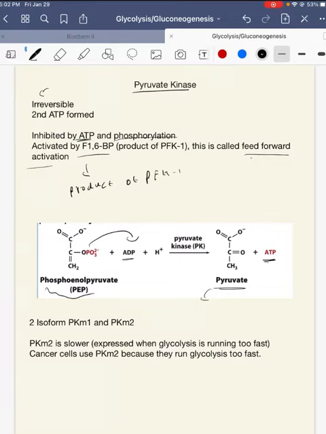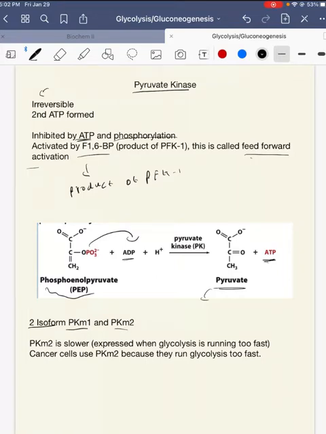So when a lot of fructose 1,6-bisphosphate is produced, it goes back and activates pyruvate kinase, and it's called feed-forward activation. Okay, so this enzyme has two isoforms, PKM1 and PKM2.